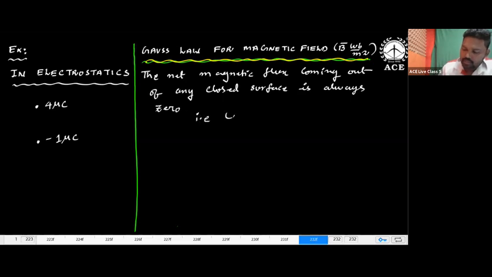That is, net magnetic flux is equal to zero.